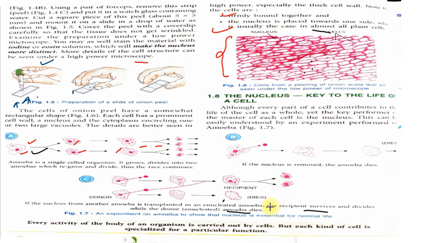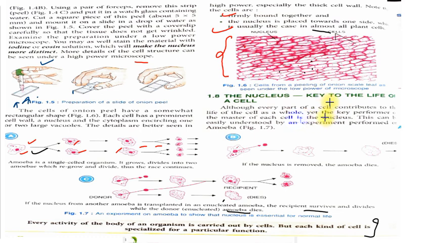So we can say that every activity of the body of an organism is carried out by the cells, but each kind of cell is specialized for different and particular functions, right? Here is given the nucleus, the key to the life of a cell.